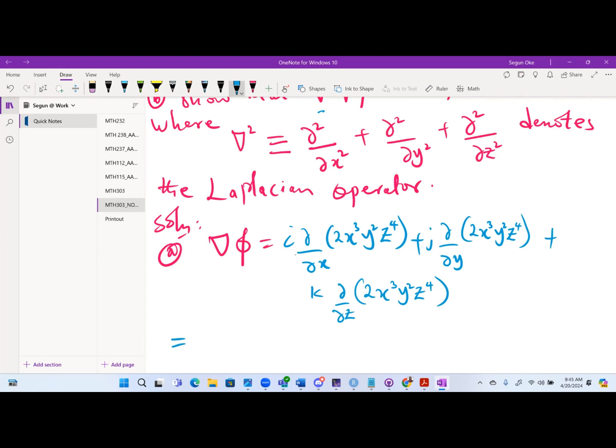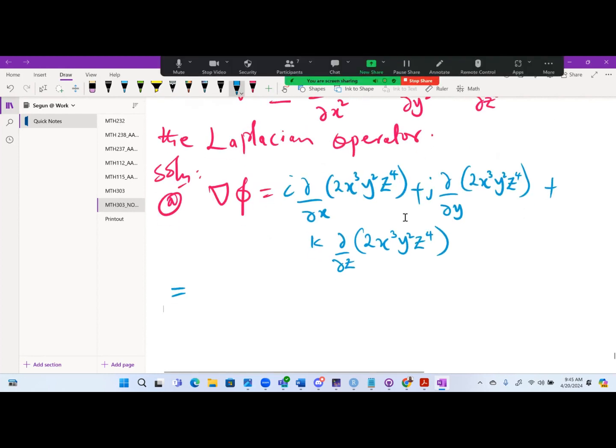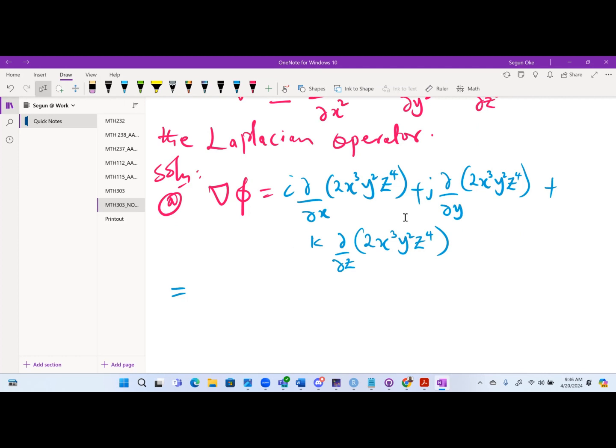Now let's differentiate this with respect to x, the first one. Remember, this is just del multiplied by phi. Our phi does not have any components. It's just a single function. Don't forget, so don't say there will not be i. There will still be i. The component will be from the del that we have. So please take note of that.